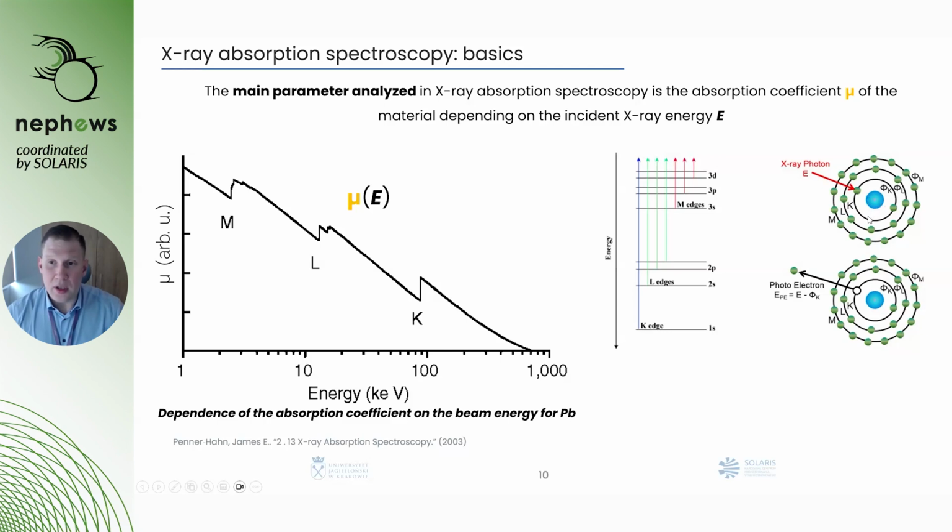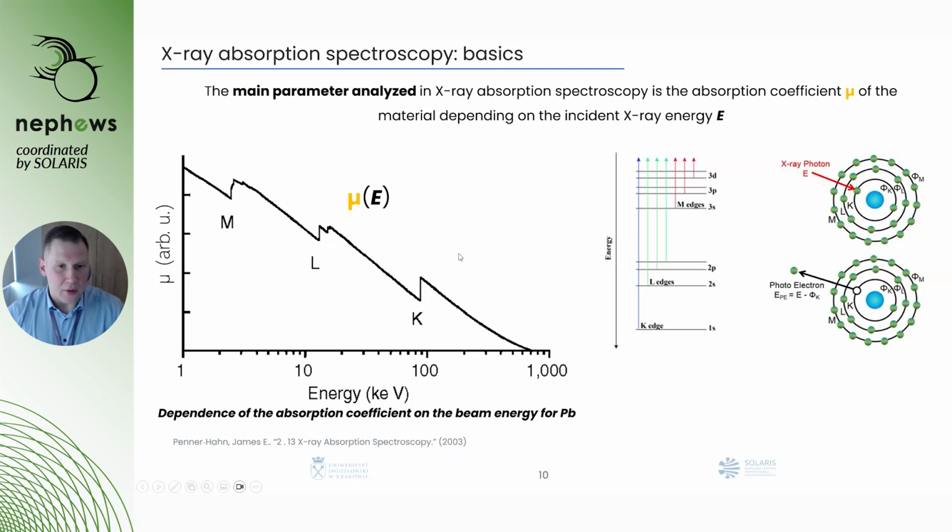When we achieve this value of energy, we can excite these electrons from the core levels to the unoccupied states or unoccupied levels, or excite them to the continuum. In this case, the material starts to absorb very intensively, and that is why we have an abrupt increase of the absorption coefficient.